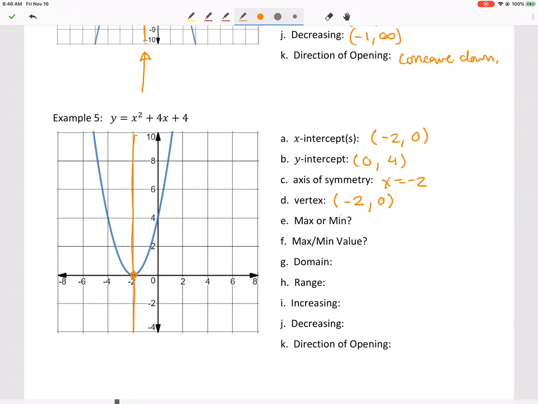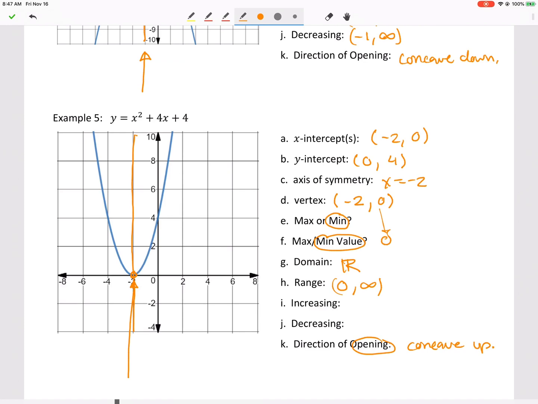Is there a max or a minimum? It's a min value because it is concave up. And the minimum value is 0. Domain always goes from -infinity to infinity. The range would start from -infinity and go until we hit our first point, which will be the y value of our vertex, which is 0, to infinity.